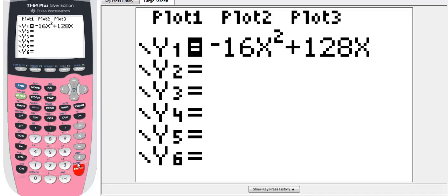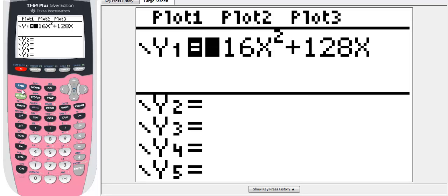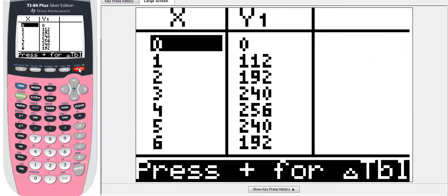Now, I'm going to show you the long way right now. I'm going to make sure that my table setup is on automatic. So I could go straight into the table, and I've got all the values I need here.